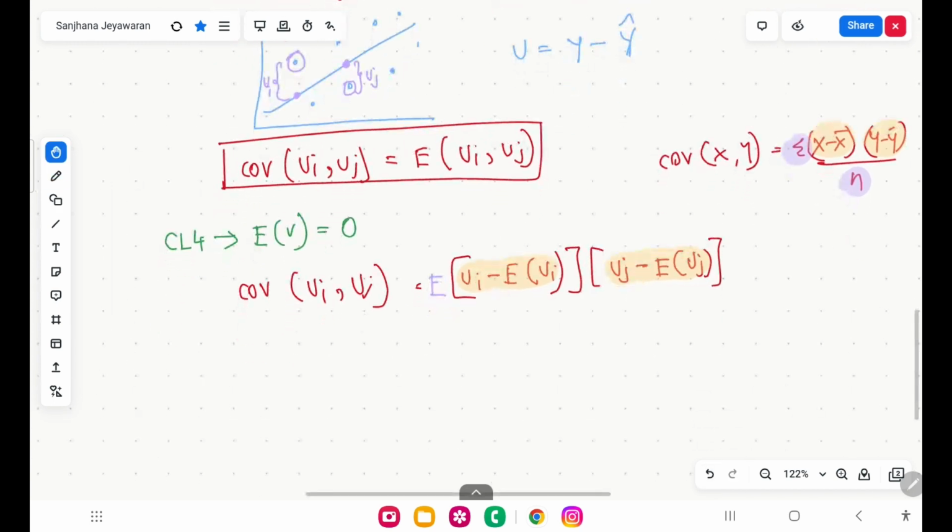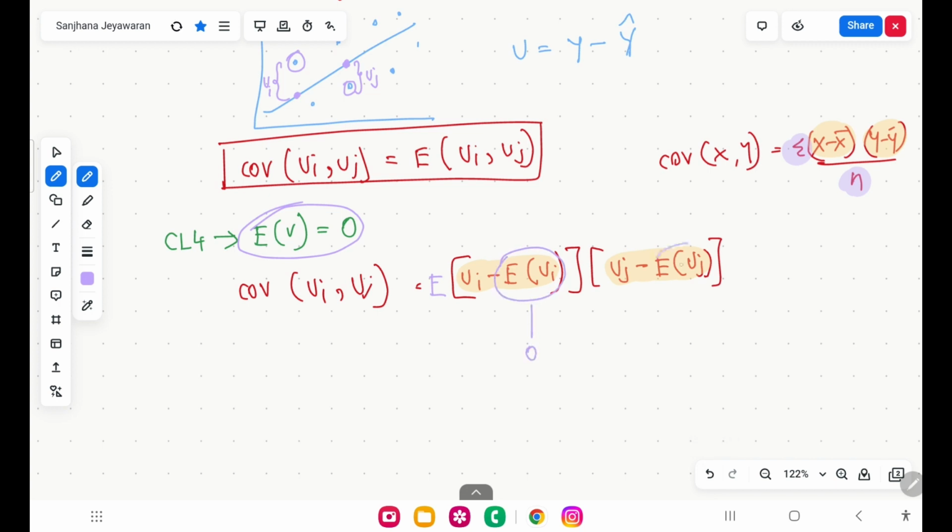Because of this assumption in CL4 that the expectation of the error terms is equal to 0, the expectation of the error over here is 0, and the expectation of the error over here is 0. So what do we end up with? ui minus 0 and uj minus 0. We take the expectation, so basically it is the expectation of ui into uj.